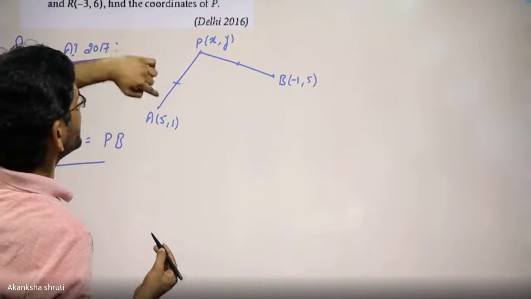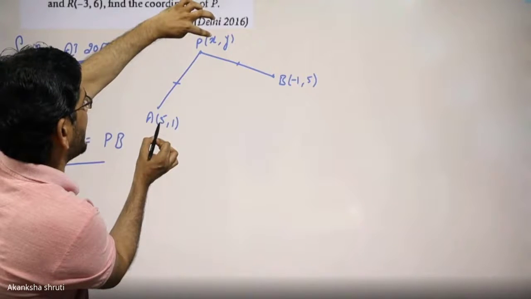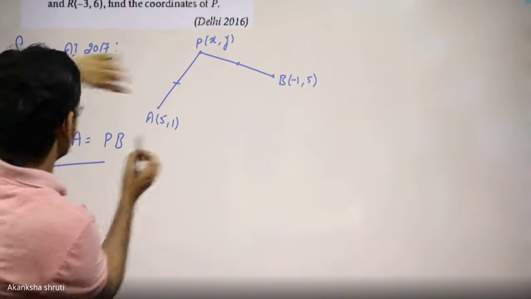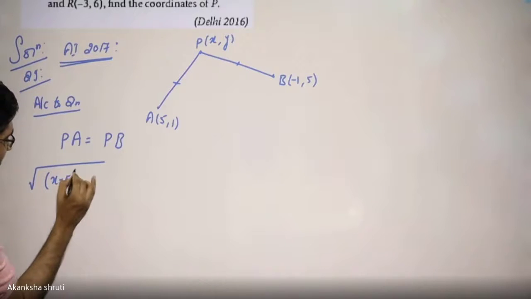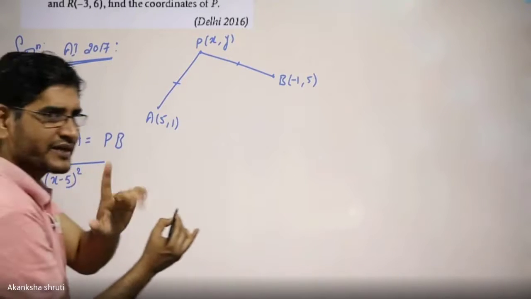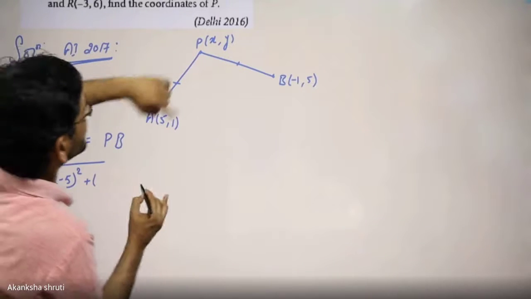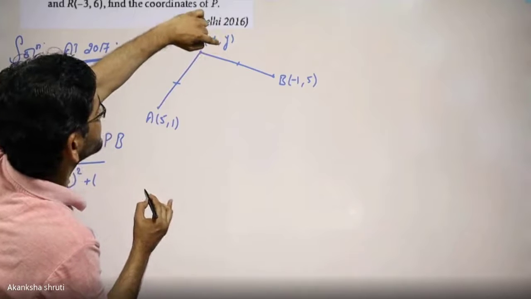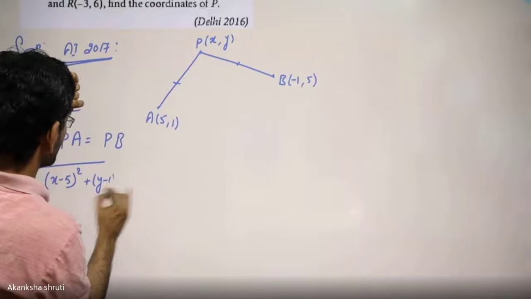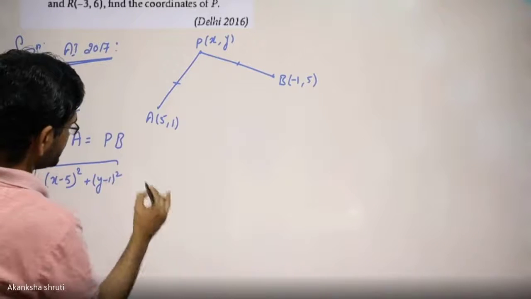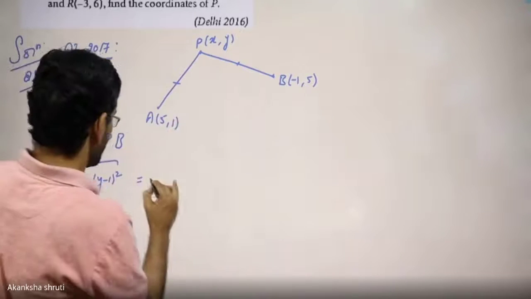The distance PA is the square root of the square of the difference of their x coordinates, x minus 5. Students, we may take 5 minus x squared also, it doesn't make any difference. Plus the square of the difference of their y coordinates, for P it is y and for A it is 1, so y minus 1, squared. This should be equal to PB.